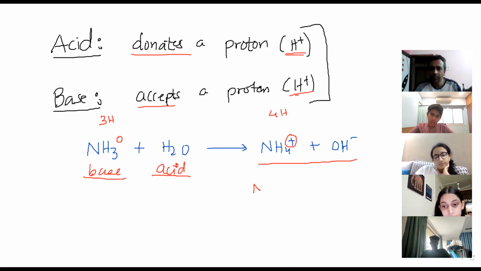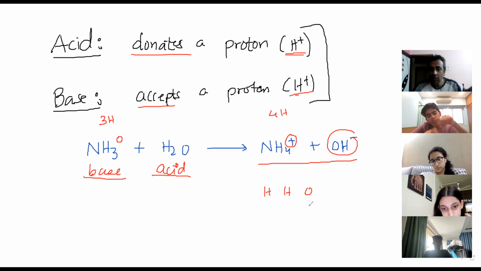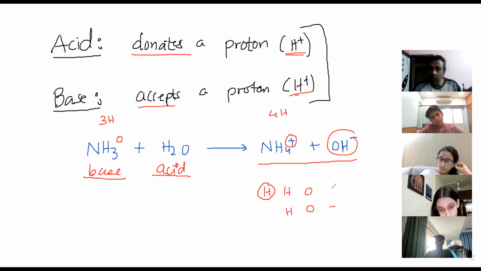In H2O, I have H, H, O. And what do I have here? O, H, and minus. Which means that what is being lost is a hydrogen and a positive charge, right?